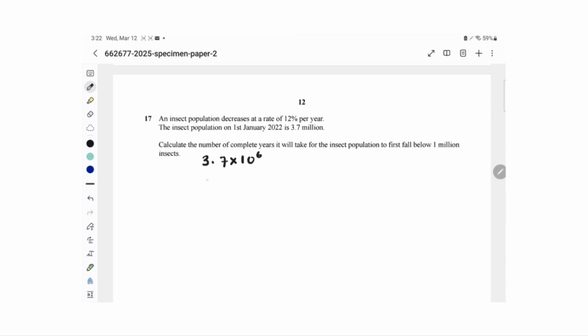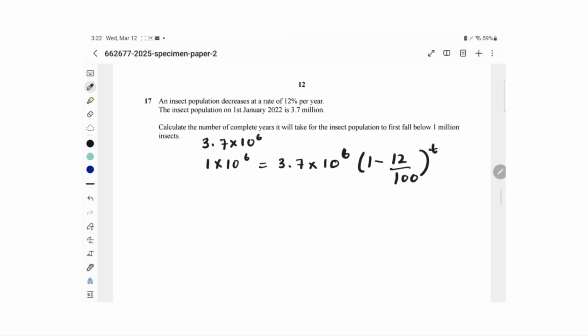So that is 1 × 10^6 = 3.7 × 10^6, and the rate is 12, (1 - 12/100)^t. Amount = P times (1 - r/100).